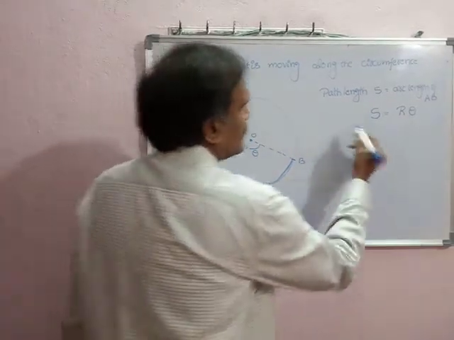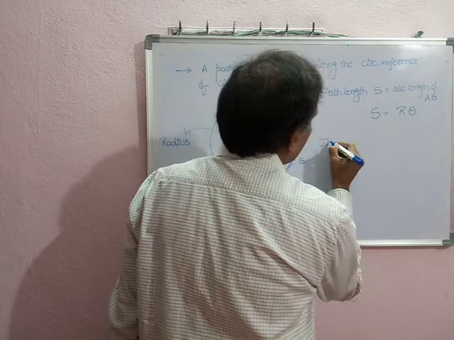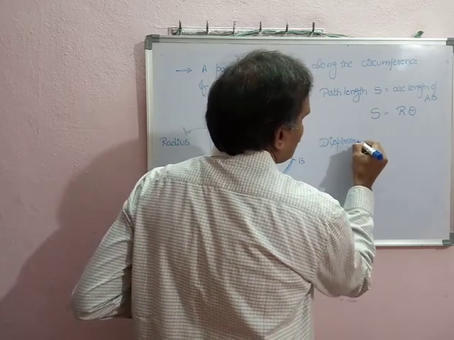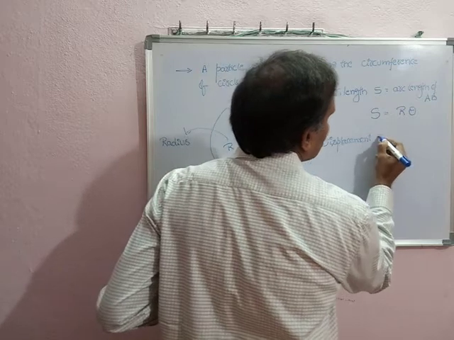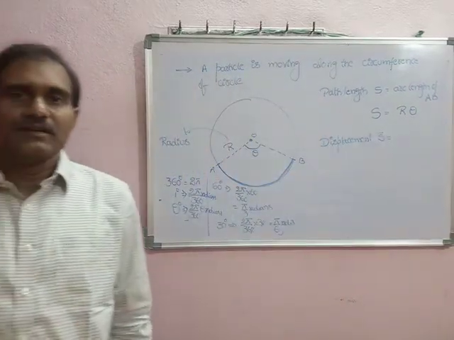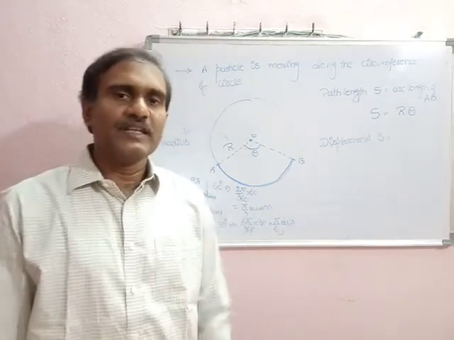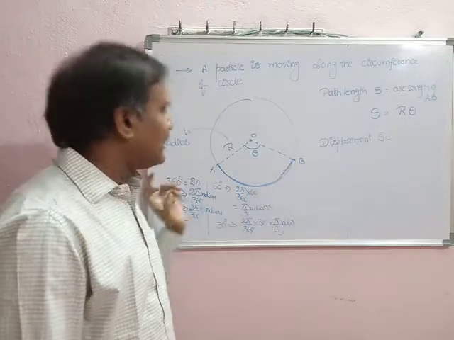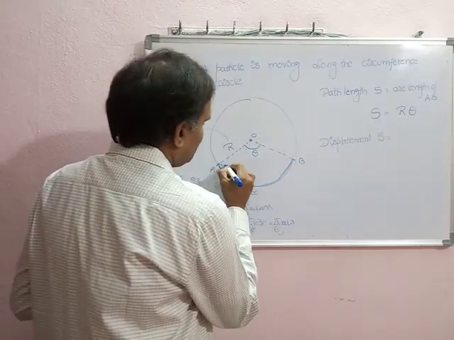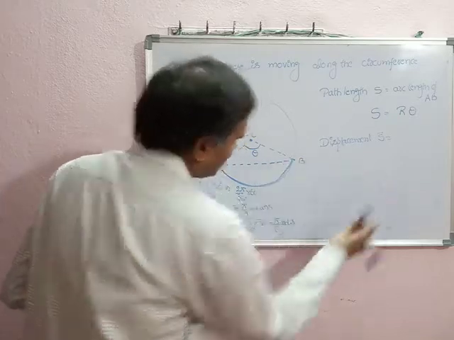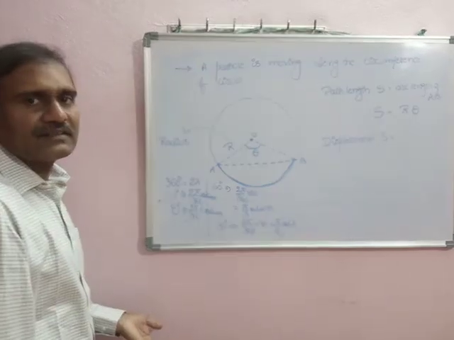Now, what is the displacement covered by the particle for this journey? S bar is equal to how much? Displacement is nothing but final position minus initial position. You take this as the axis, any axis, x axis, y axis or z axis.